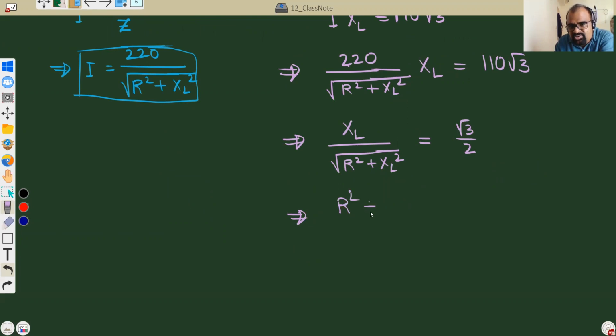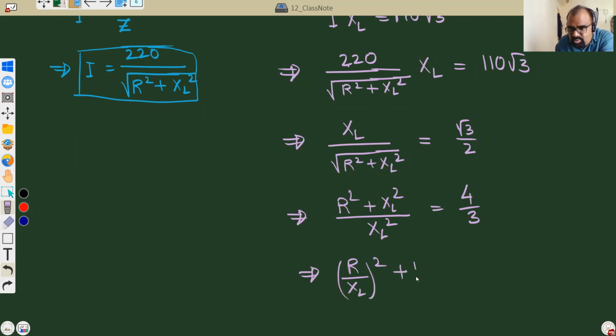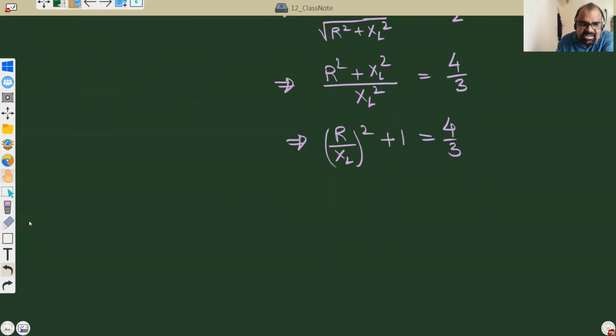So you will have R square plus XL square divided by XL square is equal to 4 by 3. I'm inverting it and squaring it. So you have R by XL whole square plus 1. This is simple calculation, anybody can do it. It's just that I am doing it because I don't want to leave this question in the middle.